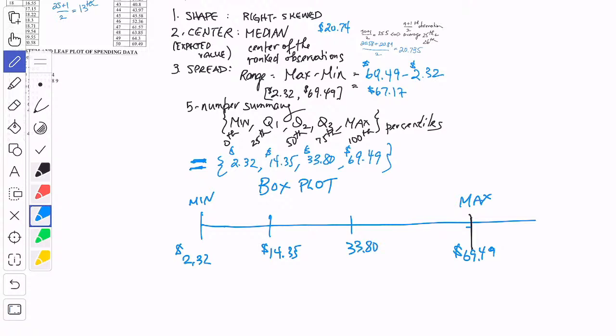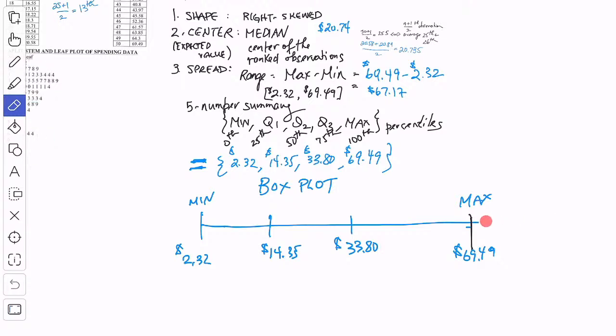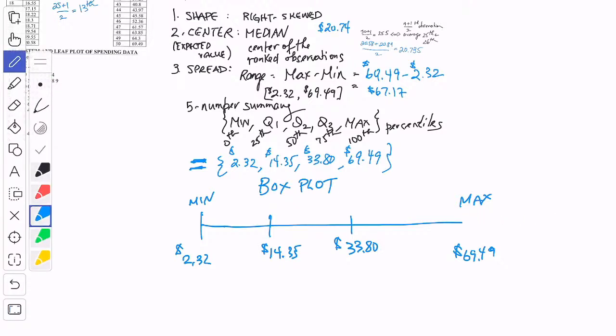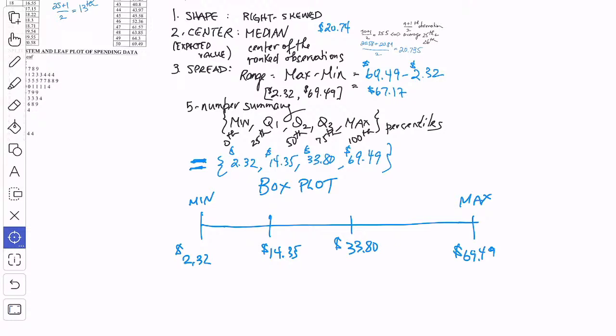And what you see is, oh, I missed the median. Okay, let me put the median in. Oh my goodness, the median is not 5, right? Let me move this over. The median was 20.74, so I've got to put that in.